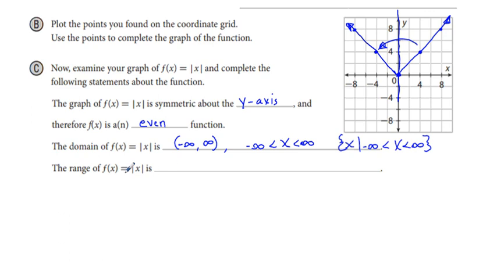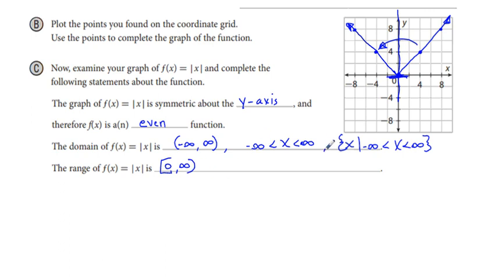And the range of f of x equals absolute value of x has a lower boundary of 0. So in interval notation, we write that as opening bracket, 0, comma, infinity, closed with a parenthesis.